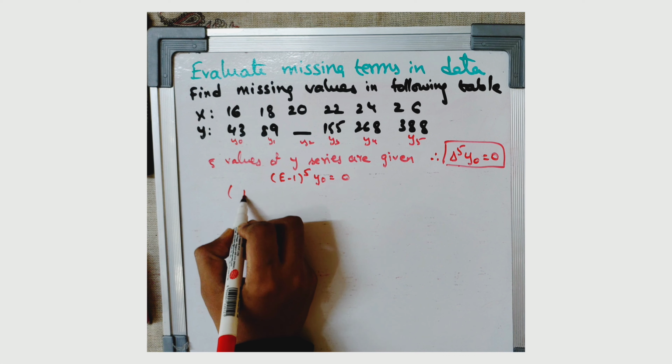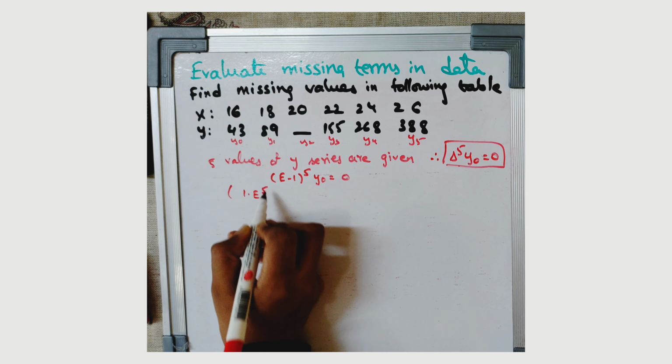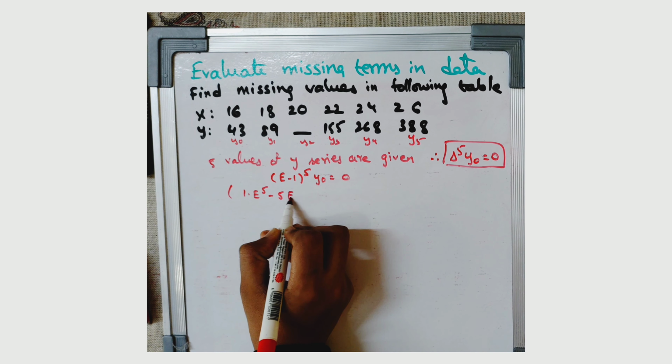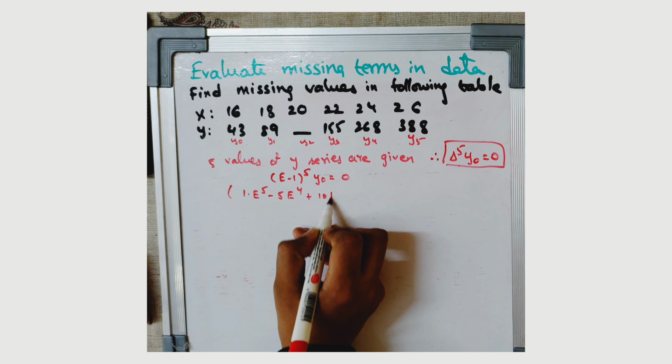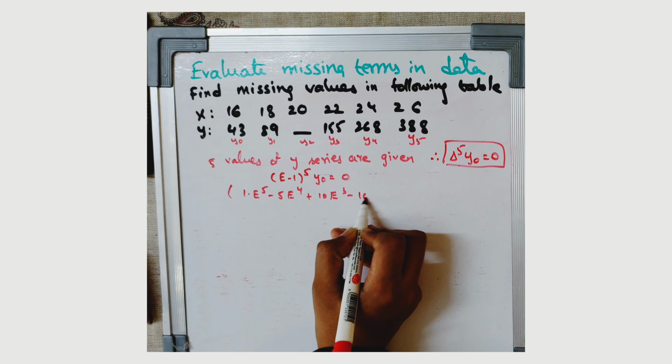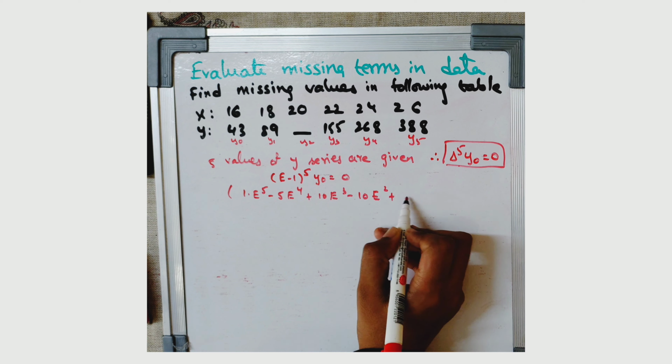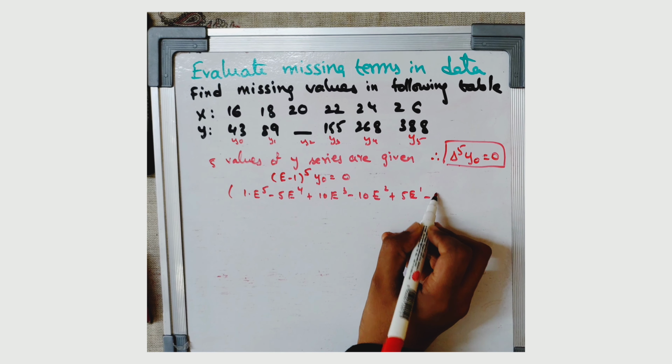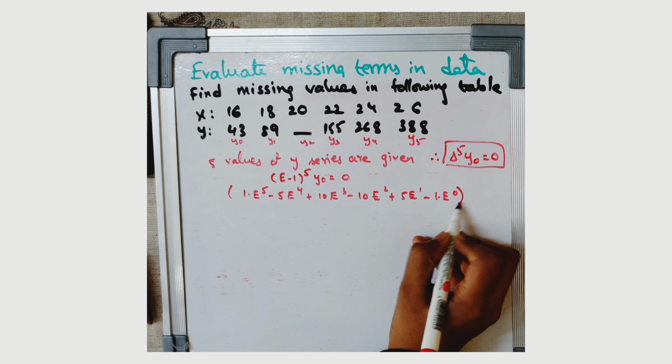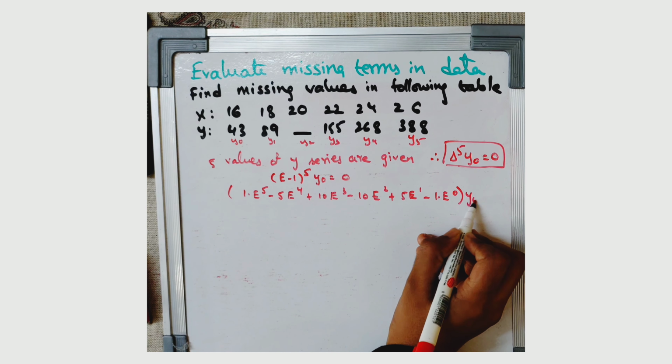How will you expand? 1 into E power 5 minus 5 into E power 4 plus 10 into E cube minus 10 into E square plus 5 into E power 1 minus 1 into E power 0, into y0 equals to 0. Okay, now just solve this.